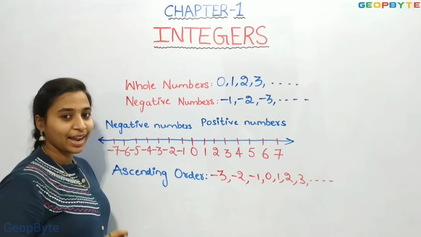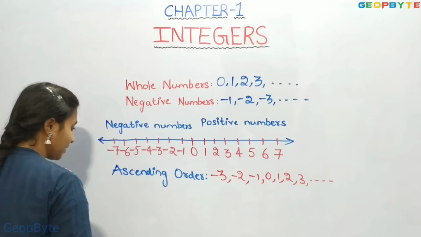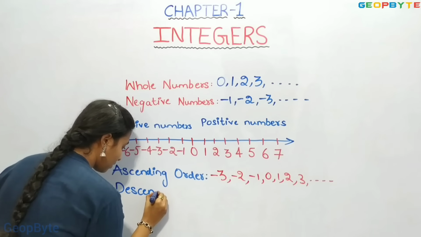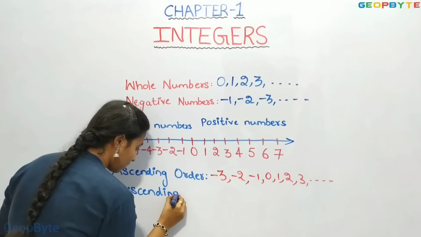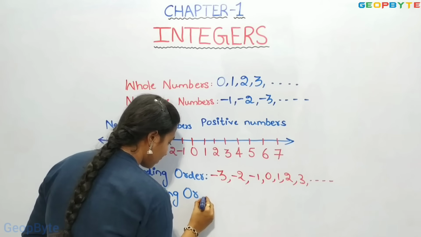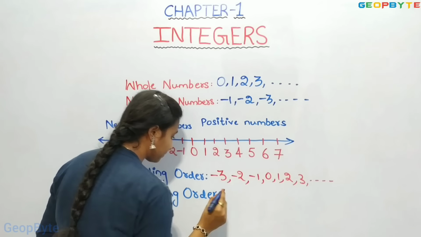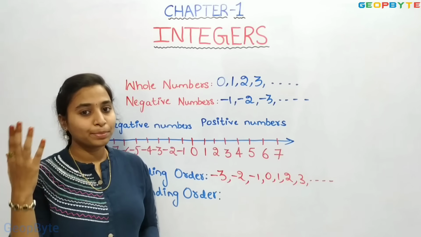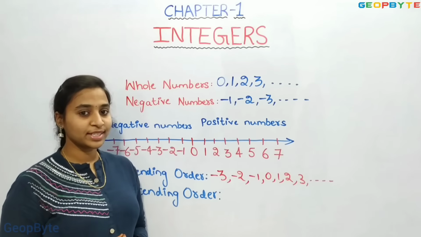Now let us write descending order. Descending order means writing from the biggest number to the smallest number.